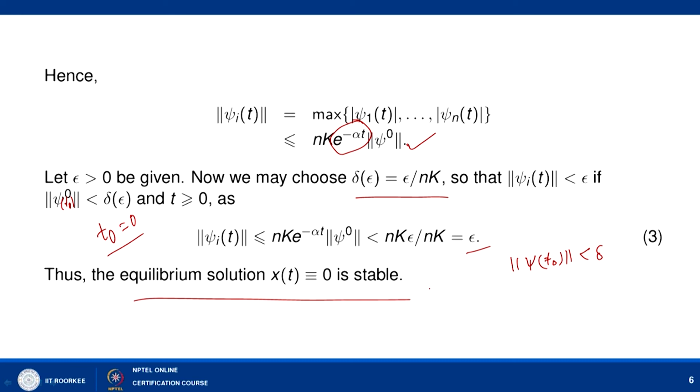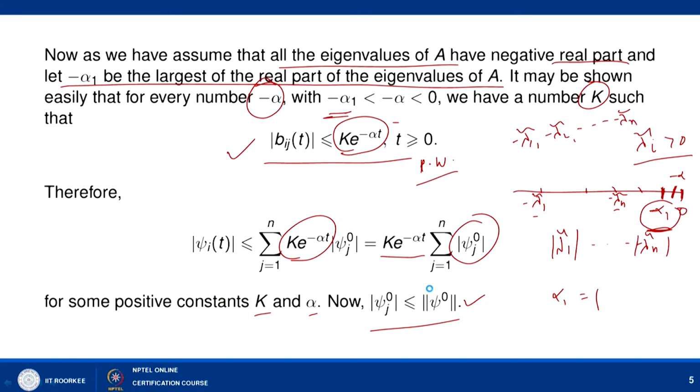So, we have shown here that if all the eigenvalues have negative real part, then I can find minus alpha in such a way that the norm of b I j t is less than k e to the power minus alpha t, and with this we find the bound of the norm of psi I t.